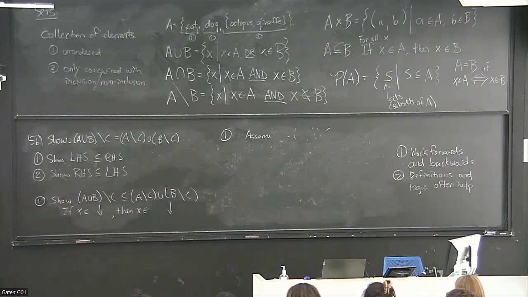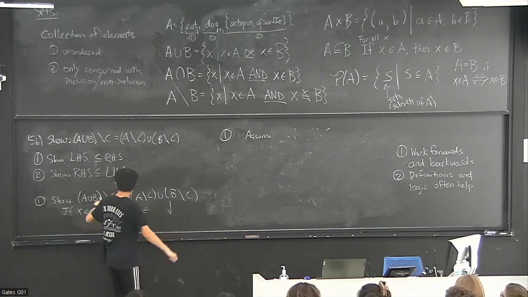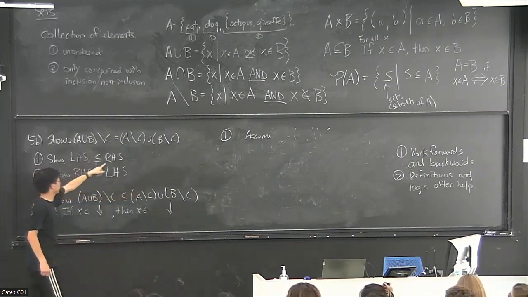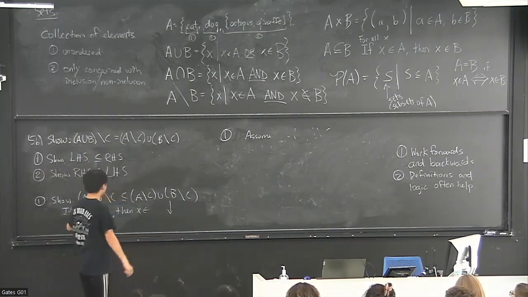To show set equality again, you show both subsets. You show that the left is a subset of the right, and the right is a subset of the left, like this.